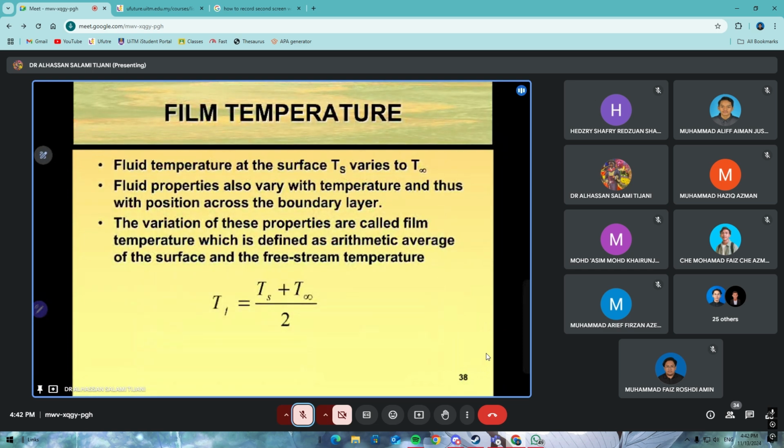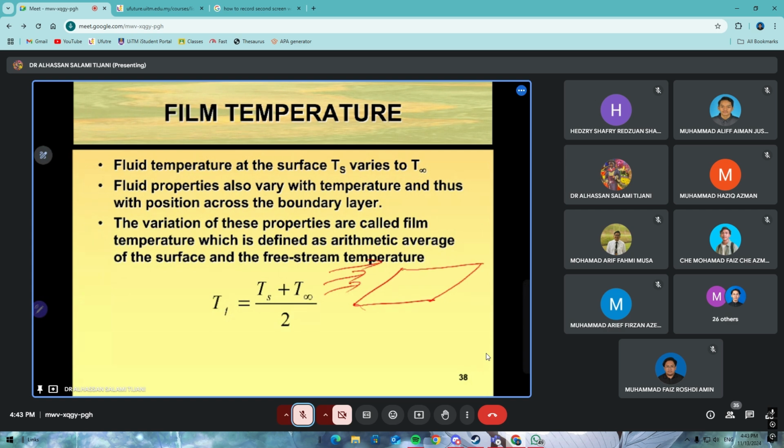Now we're going to discuss film temperature. Fluid temperature at the surface, Ts. Let's say I have a solid surface like this and fluid flowing across it.